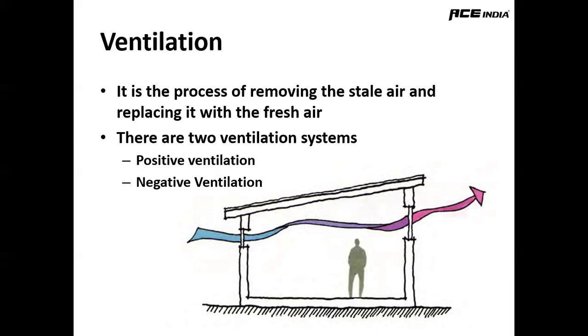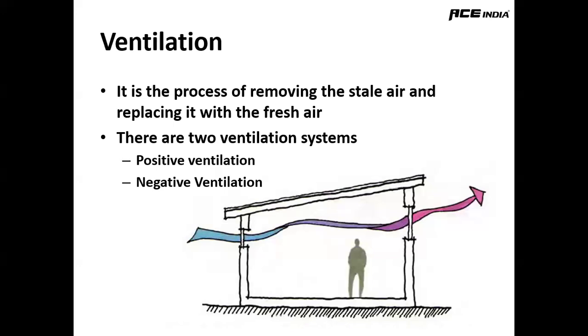Typically from this room, we will be eliminating this stale air by replacing it with fresh air. What do you mean by fresh air? Fresh air is nothing but outside air. That's it. Fresh air means the outside air itself. So typically you are replacing the existing air with fresh air from outside.